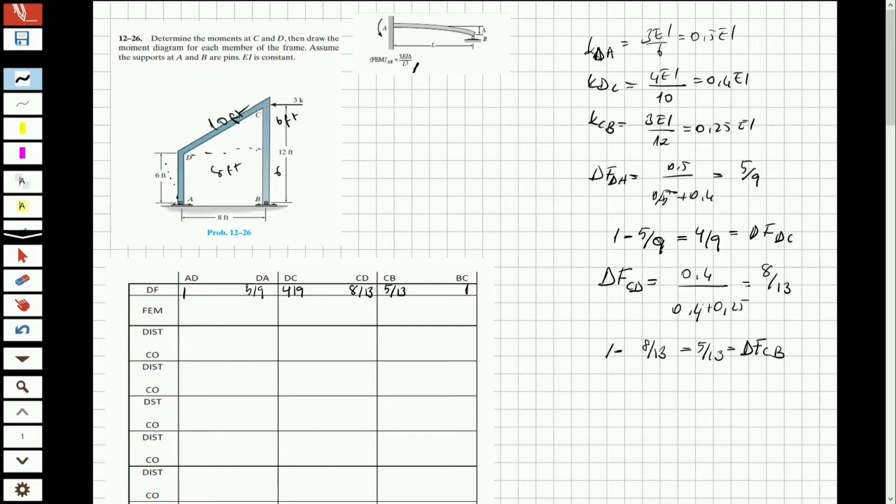For example, the deflection will be in this direction because the force acts here. For example, this is going to be delta, and this is also delta prime.